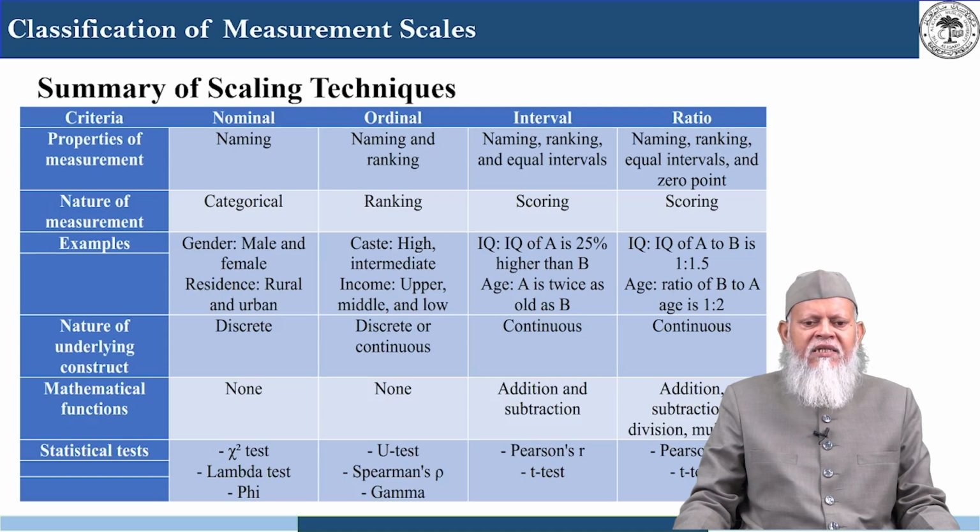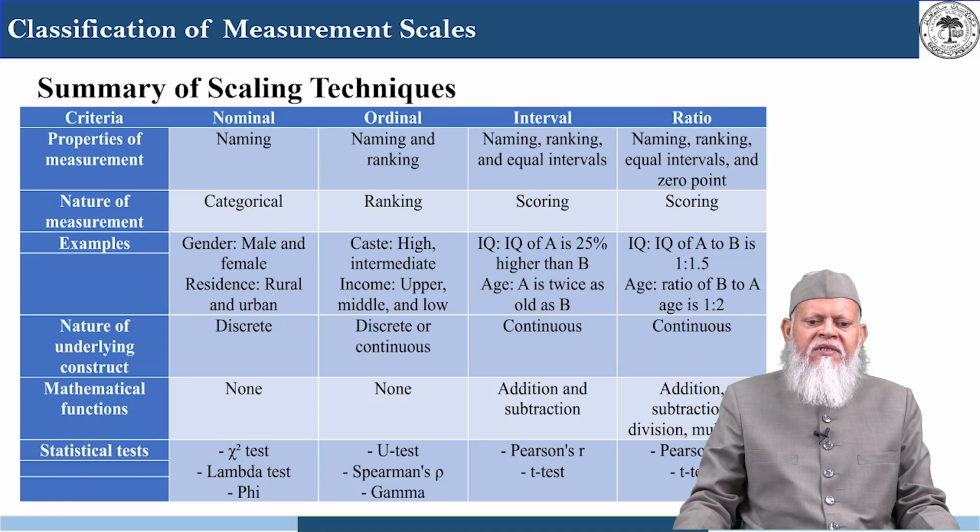Nature of underlying construct: in nominal it is discrete, in ordinal it is discrete or continuous, in interval it is continuous, in ratio it is continuous. Then mathematical functions: in nominal none can be done, in ordinal none can be done, whereas in interval only addition and subtraction could be done, whereas in ratio addition, subtraction, division and multiplication, everything is possible.